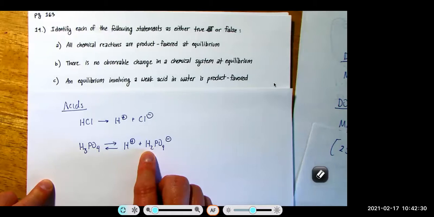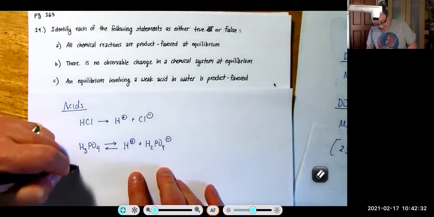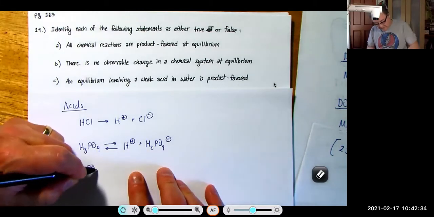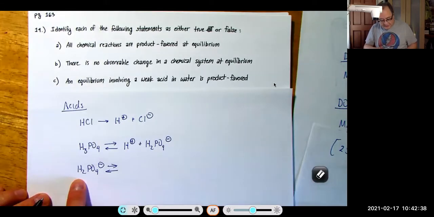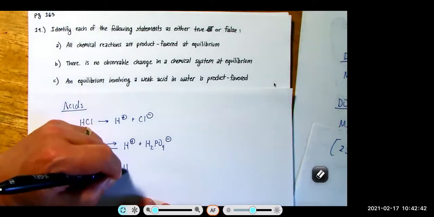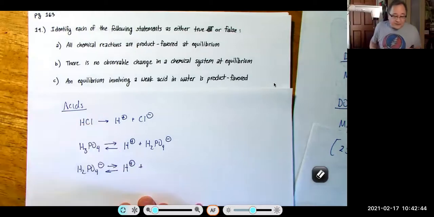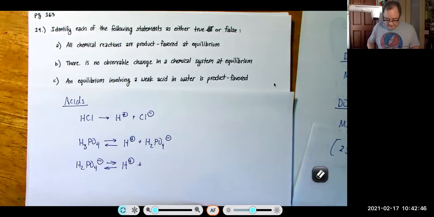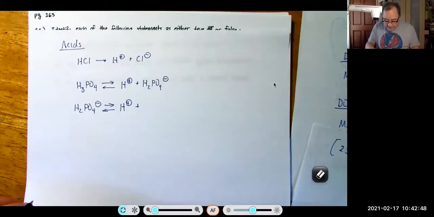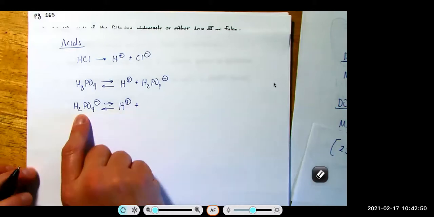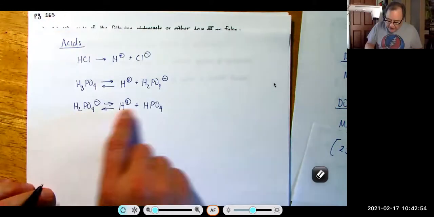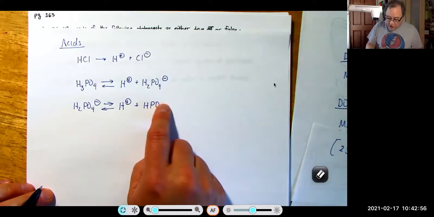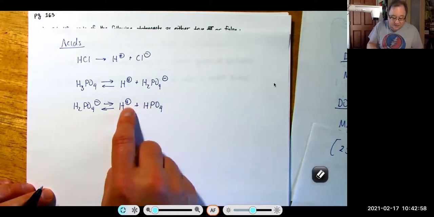Okay, this is also an acid. So what's it going to produce? H plus. That's what acids do. Okay, so what's left over if I take away an H plus? 1 hydrogen, PO4, and the charge on this has to be the right charge, so when I add it to +1, it comes out to be -1.